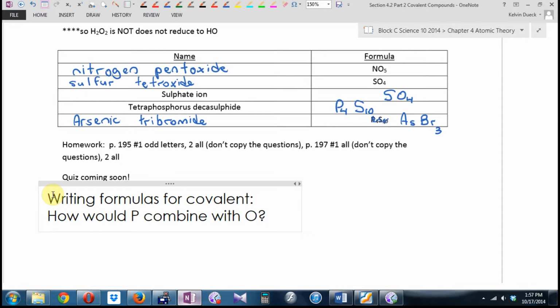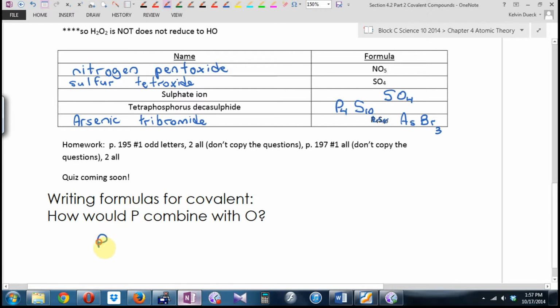I know the formula is going to have a P here and an O. I don't know how many of each, so now I go off in the margin. What's the ion charge on phosphorus? What's the ion charge on oxygen? It's going to be 2 of those, 3 of those.